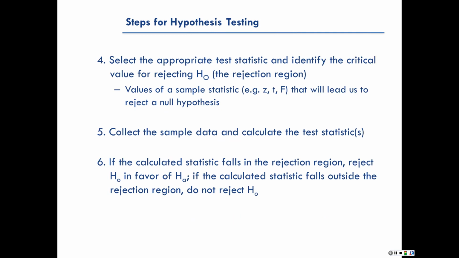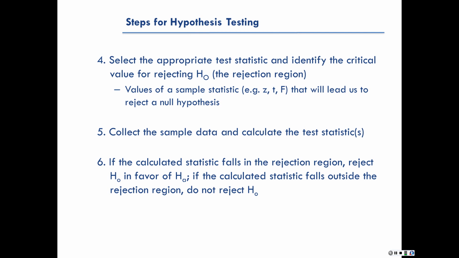So fourthly, we want to select the appropriate test statistic and identify the critical value for rejecting the null hypothesis. This is referred to as the rejection region. And so these are the values of a sample statistic, whether we're talking about the z distribution, t distribution, or f distribution, that will lead us to reject a null hypothesis.